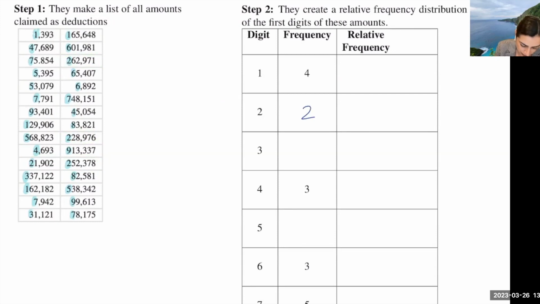Okay. And then we're going to look for how many start with the digit 3. So we have 1 and we have 2. So we only have 2 amounts that start with the digit 3. Hopefully you're getting the hang of this. Okay. If not, make sure that you write a little question on the side, so you can ask me later, where did I get this value, if you're still confused.